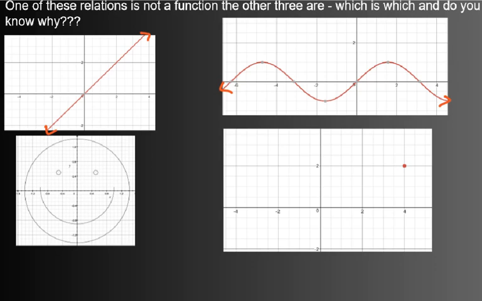So I talked about this kind of 2 slides ago, and I wanted to just kind of formalize what I was saying. So in these 4 pictures, one of these is not a function, but the other 3 are. And I would definitely encourage you to stop and think about which one you think is not a function.